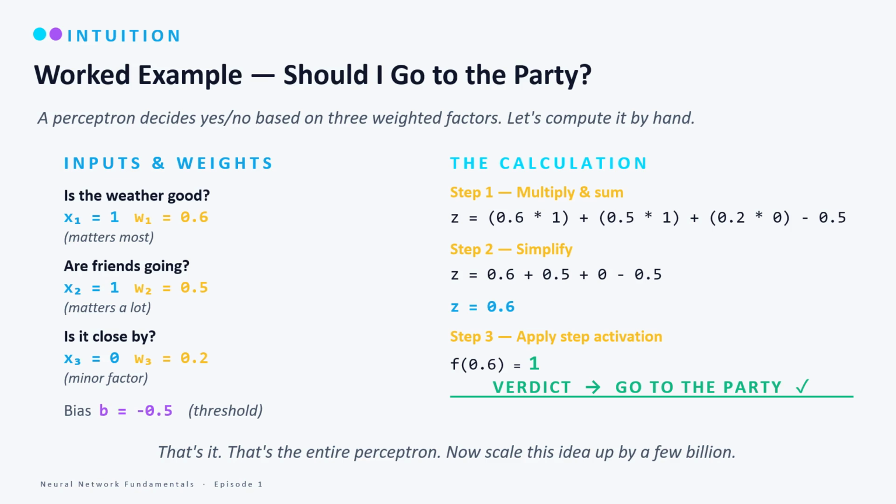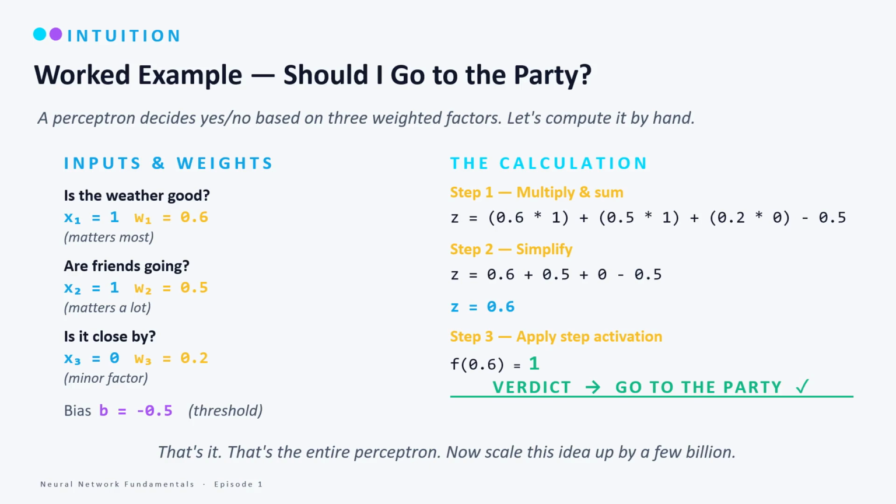Tonight, the weather is great, that is a 1. Friends are going, another 1. But it is far away, that is 0. Let us compute: 0.6 times 1 plus 0.5 times 1 plus 0.2 times 0 minus 0.5 equals 0.6 plus 0.5 plus 0 minus 0.5 equals 0.6.